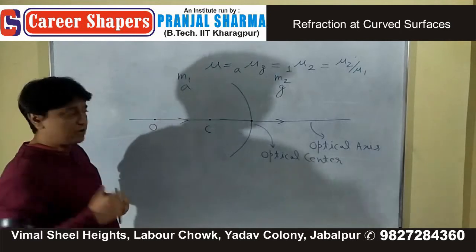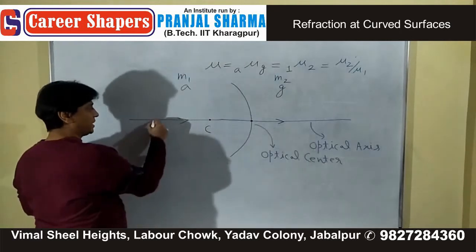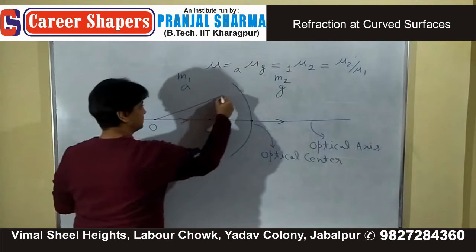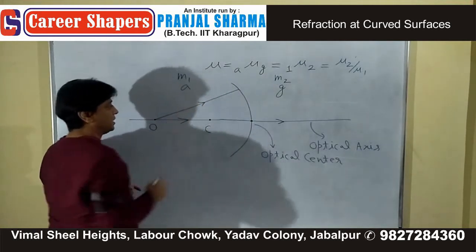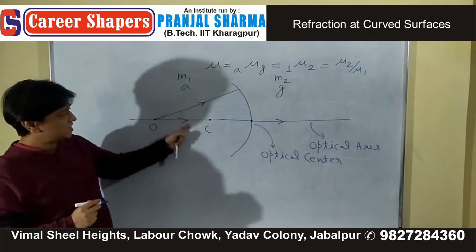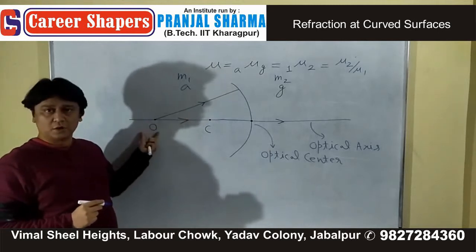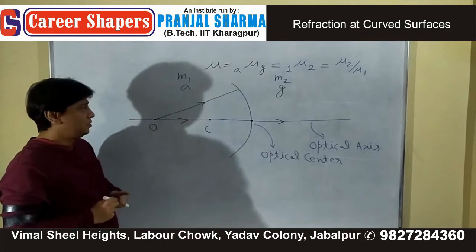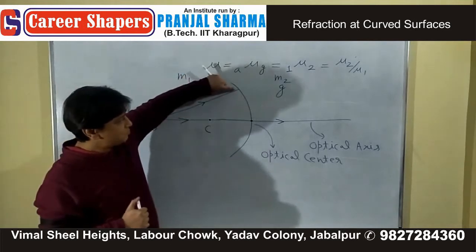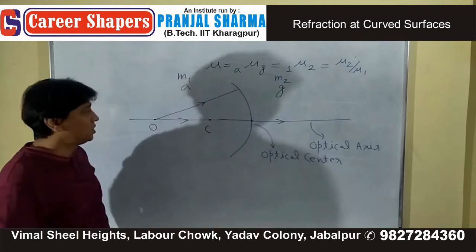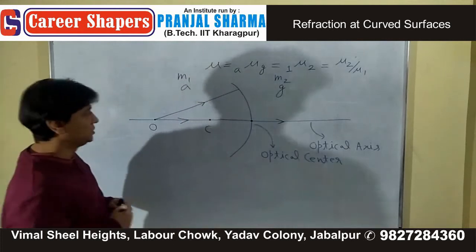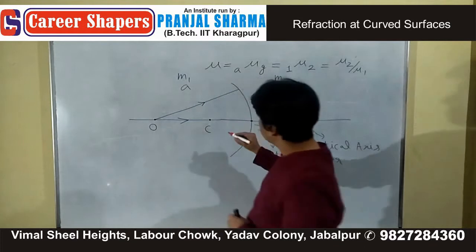Now we need a second ray. This is the second ray. Intersection of incident rays gives you the object. Now, when it meets the curved surface at this position, you will draw a normal. That's the normal.